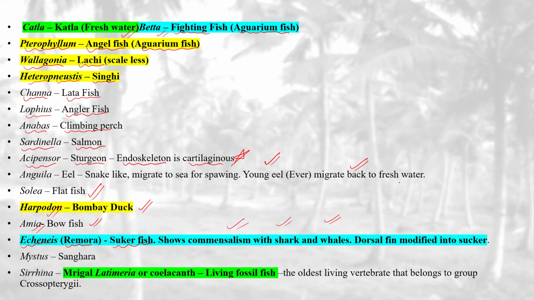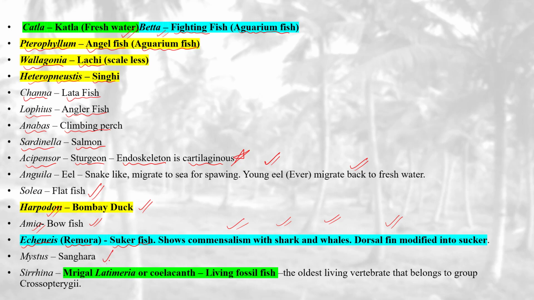It attaches itself to the body of sharks and whales, as the dorsal fin gets modified to form a sucker, and it gets attached to the skin of the whales and sharks.